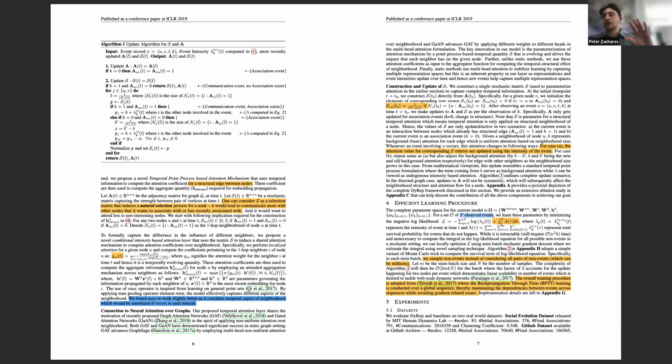So they're trying to maximize the probability of the events that they observe occurring and minimize the probability of all the other possible events occurring. Since there are so many possible events that could occur, in some cases millions or hundreds of millions, they just use Monte Carlo sampling to calculate that integral. Does that make sense as what the training objective is doing?